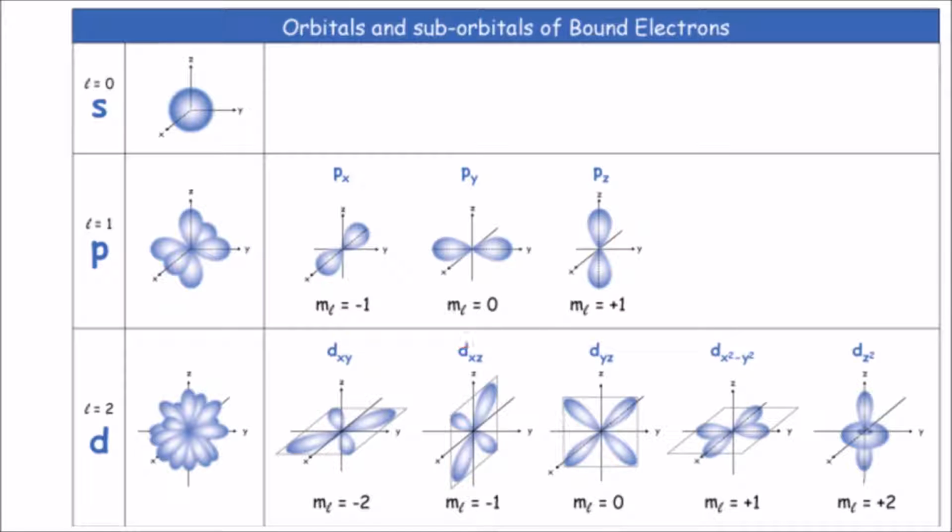Here is what a dxz orbital looks like. We've got our 4 little lobes here, and they're supposed to be in this plane along the x-axis.